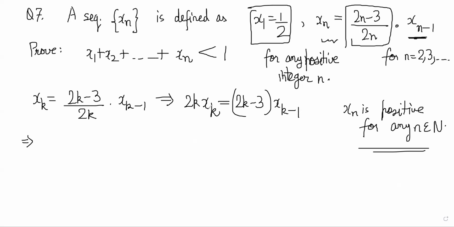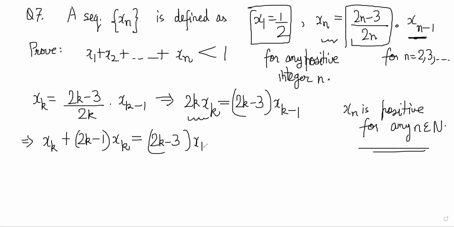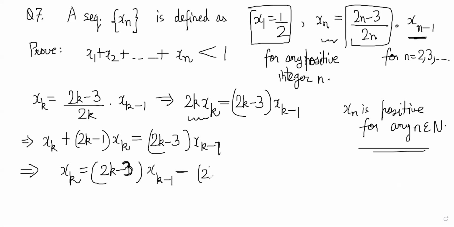and we can write this. We want one single xk here, so we can write it as xk plus (2k minus 1) xk is equal to (2k minus 3) x(k minus 1), and now we can rewrite it as xk is equal to (2k minus 3) x(k minus 1) minus (2k minus 1) xk, right?